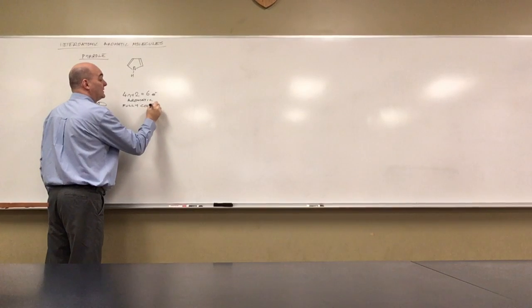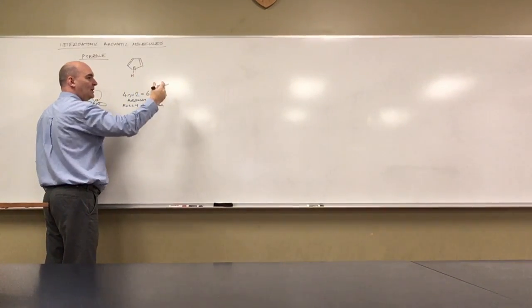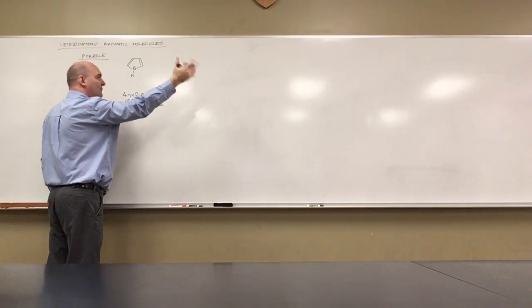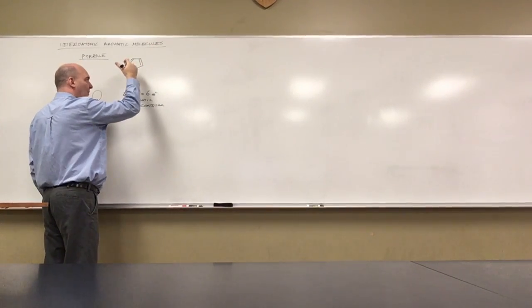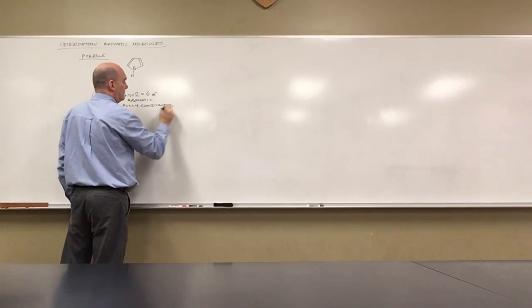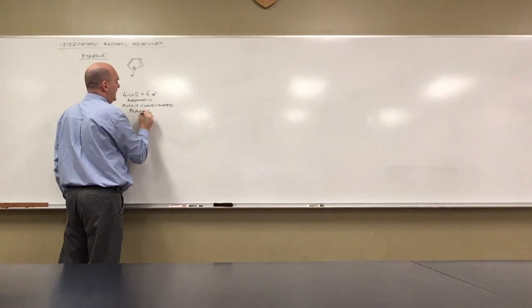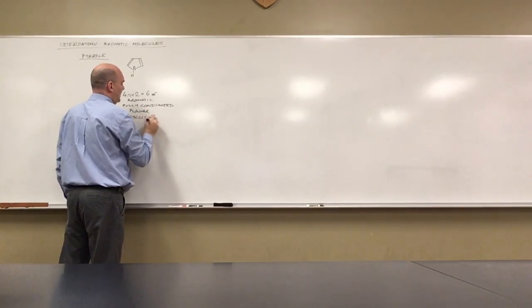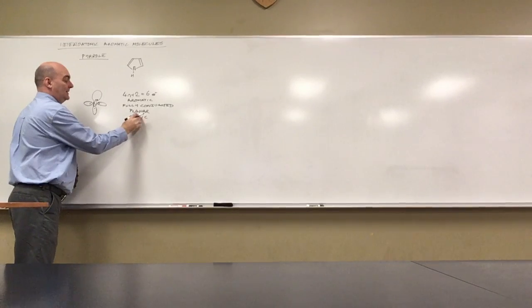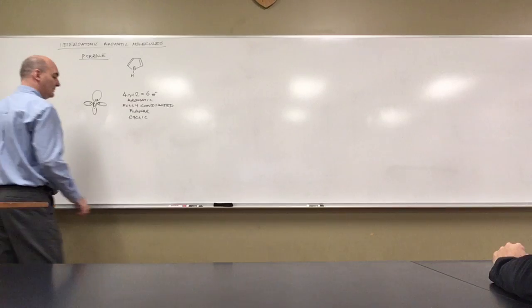And it's fully conjugated because it goes two movable electrons, single bond. 2 movable electrons, single bond. 2 movable electrons, single bond. This molecule is planar and cyclic, fully conjugated, and therefore is aromatic. Okay.